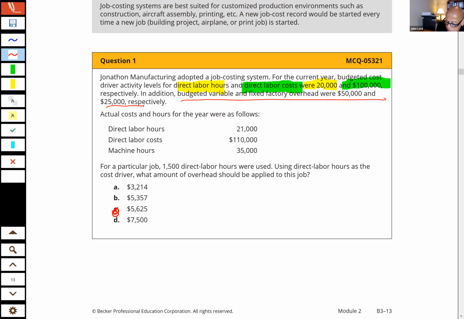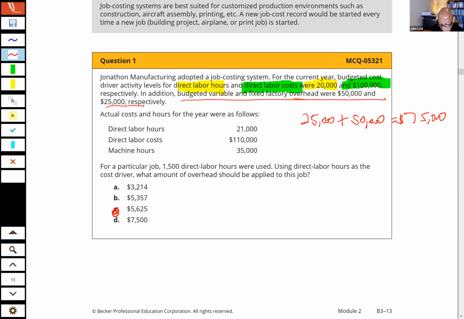So the budgeted overhead is 25,000 plus 50,000, which is 75,000. We add them together, and that's 75,000 budgeted.